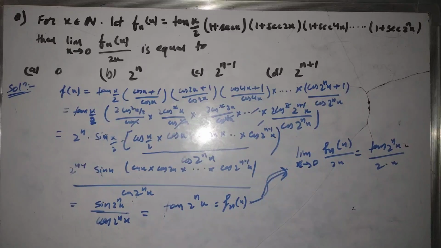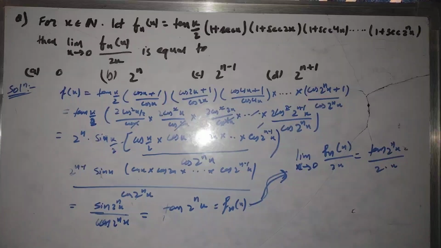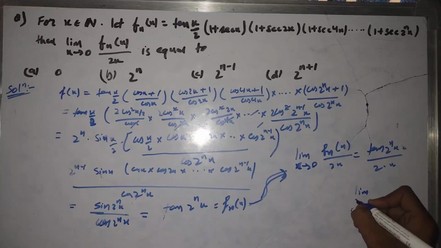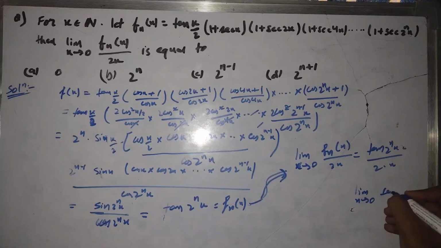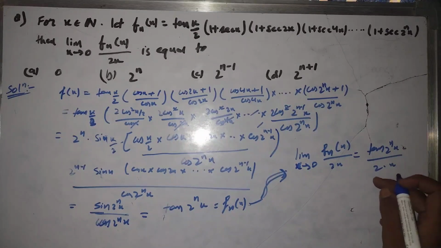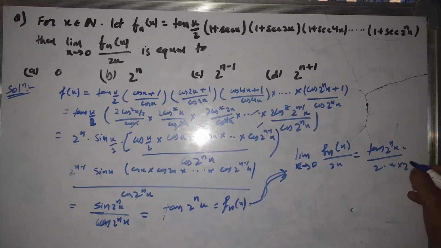Now we can see that this angle is going to 0, and we are familiar with the limit that as x tends to 0, tan x upon x equals 1. So we have to create this particular term in the denominator, and we have a 2 here, so we have to multiply it by 2 to the power n minus 1, and because we have multiplied it here, we have to multiply it here too.